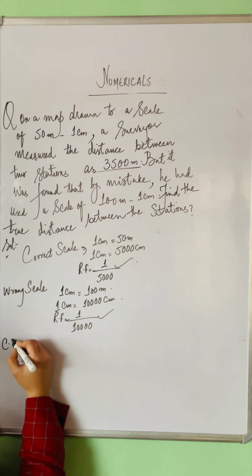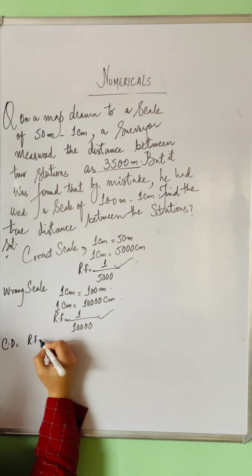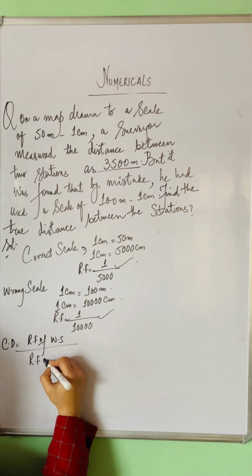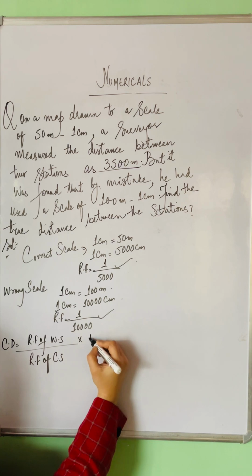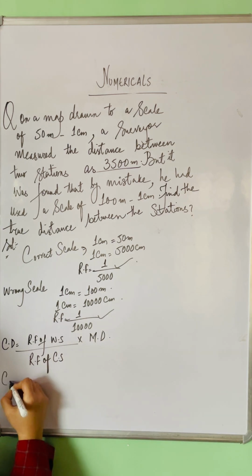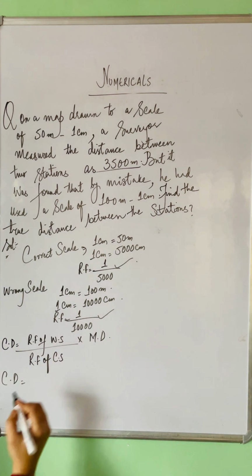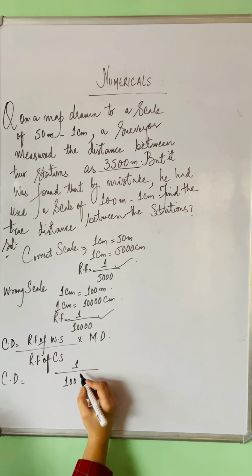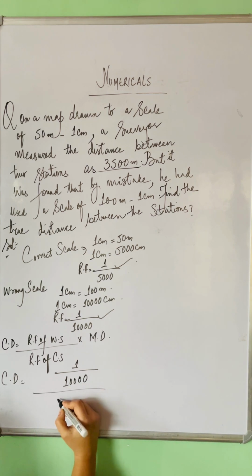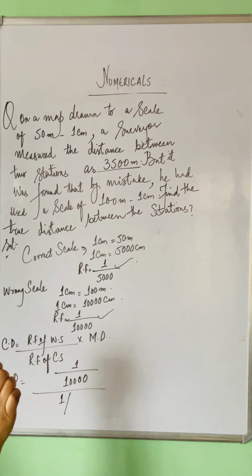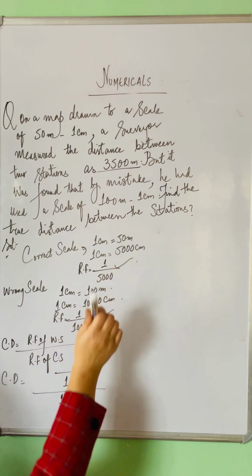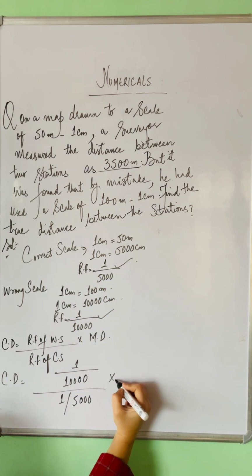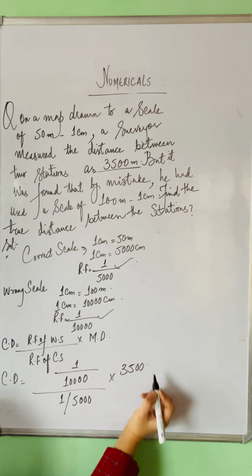What will be the correct distance? RF of wrong scale divided by RF of correct scale multiplied by the measured distance. What is the RF of wrong scale? Measured distance 3,500 meters.